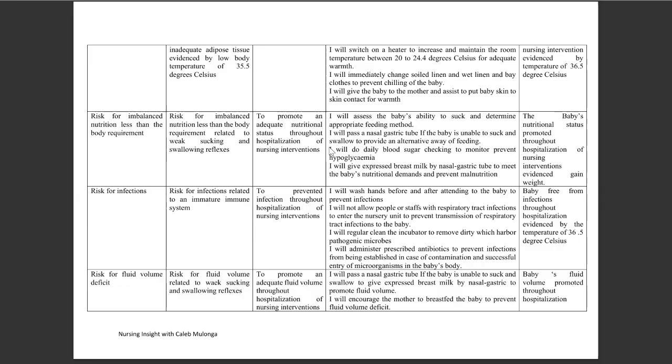Number three, I will do daily blood sugar checking to prevent hypoglycemia. So we have to make sure that we check the blood sugar daily so that we can prevent and also monitor if there is hypoglycemia.